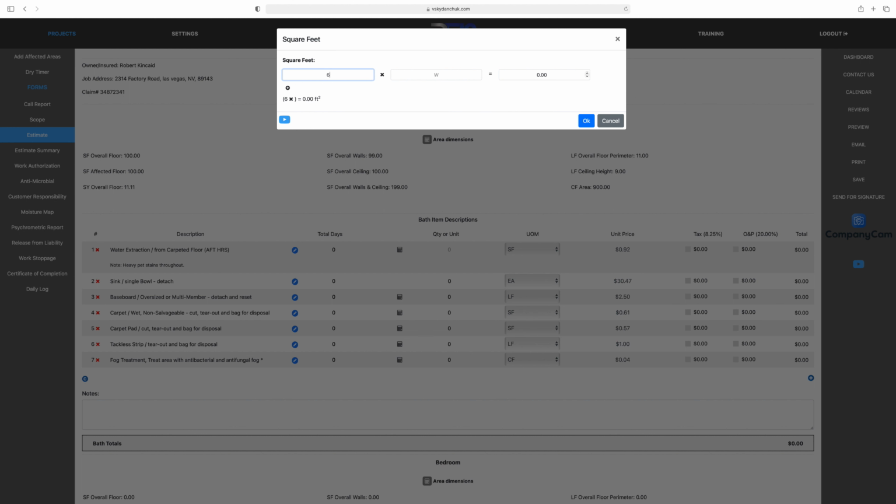It's very nice. 6.7, let's say, times 6.2. There's your equation in square foot, and it's already totaled out. 6.7 times 6.2 equals 41.54 square foot.